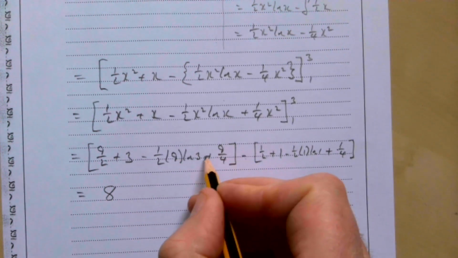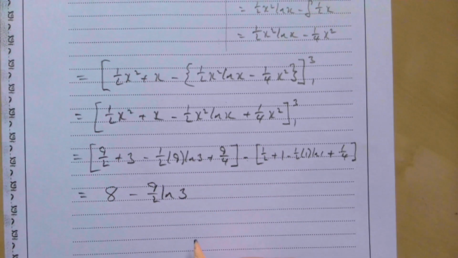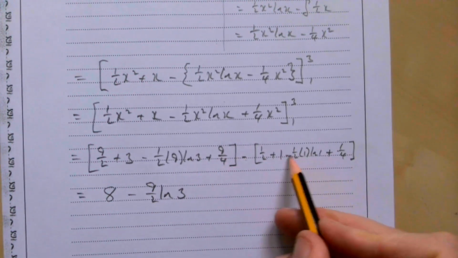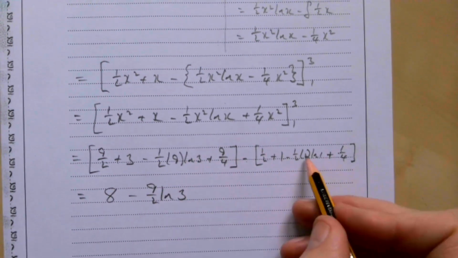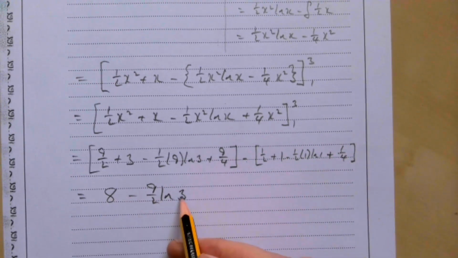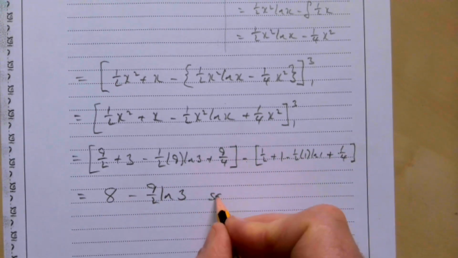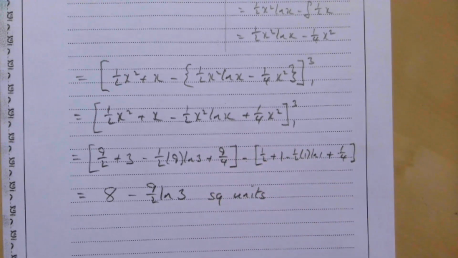Minus a half times 9 ln 3 is just minus 9 over 2 ln 3. And then this here, that 1 we've taken away, so we had 9 here, take away 1 gets the 8, and ln 1, again, try it in your calculator, it doesn't give you anything, so that's us all tidied up, and that's then square units. That's us finished.